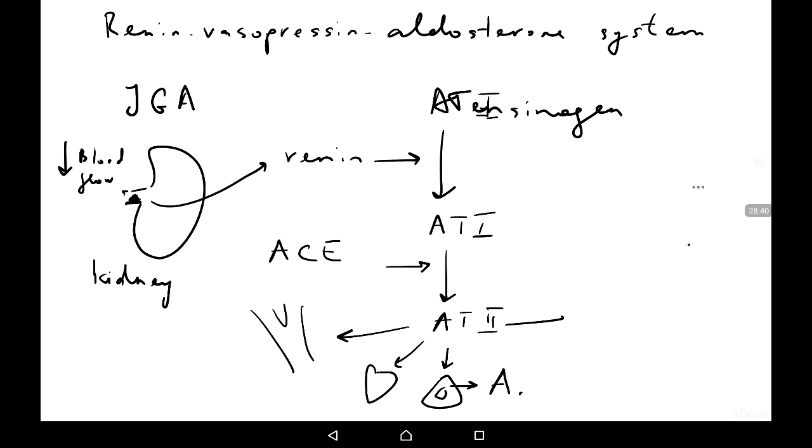Another effect of angiotensin 2 is that it stimulates thirst, drinking behavior. The organism drinks, it is searching for water, and it should compensate the decrease of blood flow.